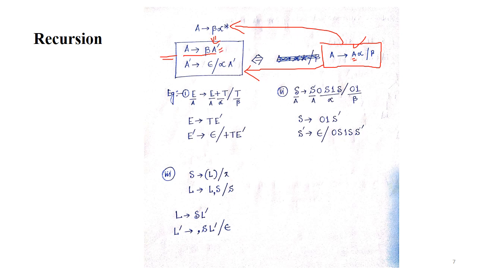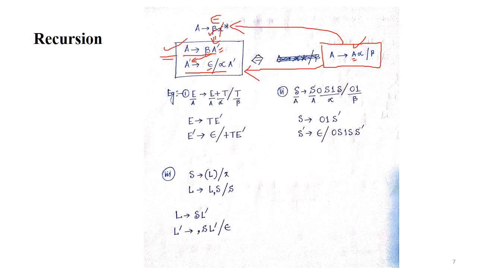Now it is the responsibility of A dash to generate the rest of the production. So you can see A dash generating epsilon, because if I put epsilon in this place I can generate the minimal string, that is your beta. And in place of alpha star, if I put alpha A dash, then I am able to generate your alpha beta star.